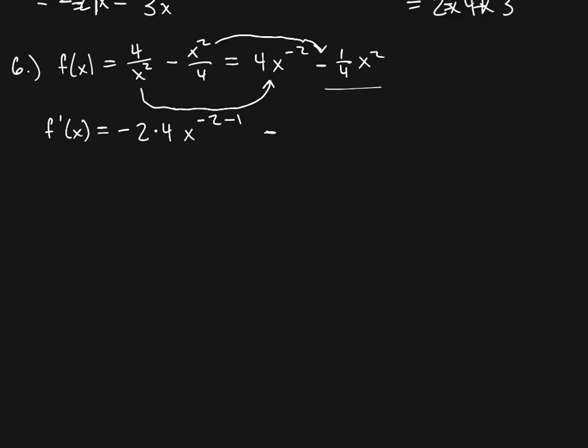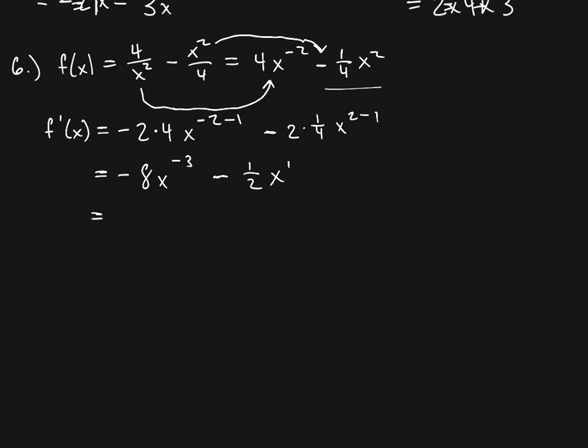So we get minus 2 times 1/4 x to the 2 minus 1. So now it's just simplifying. So this is going to be negative 8x to the minus 3 minus, now 2 times 1/4, that is 1/2. So minus 1/2 times x to the 1, which is of course just minus 1/2 x.